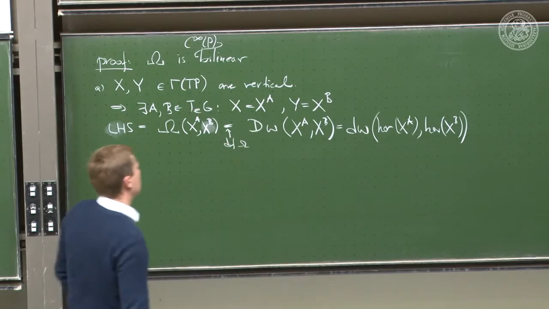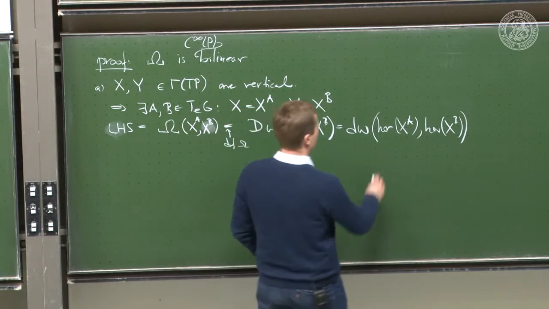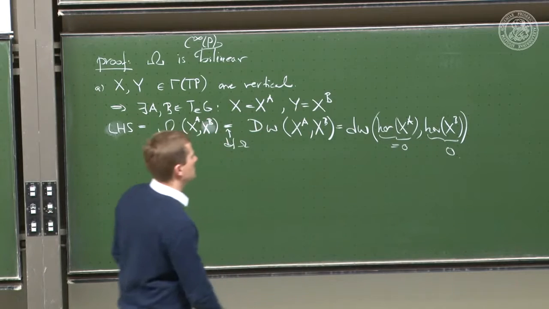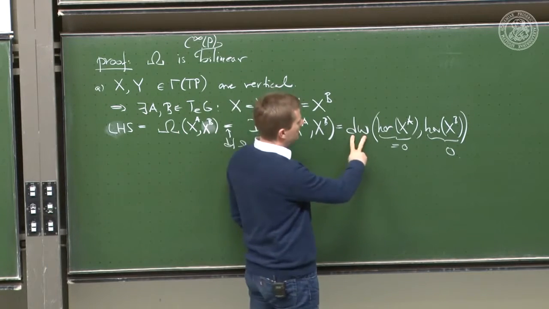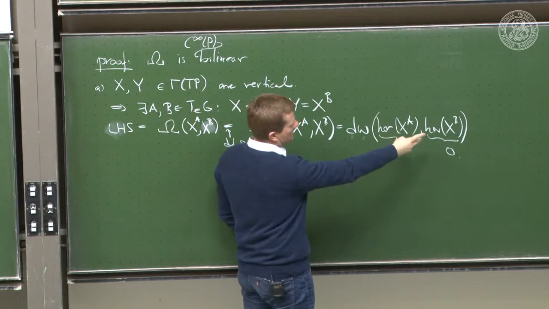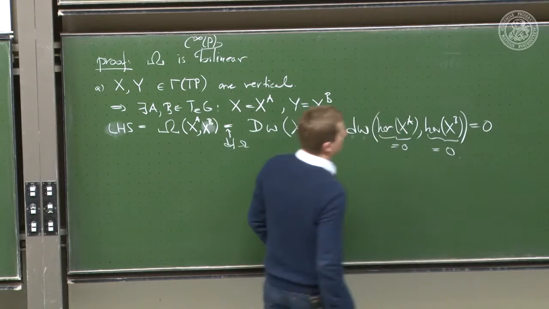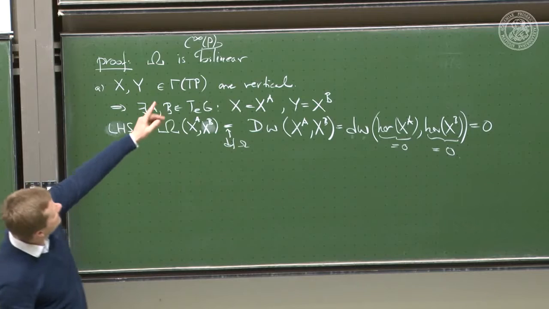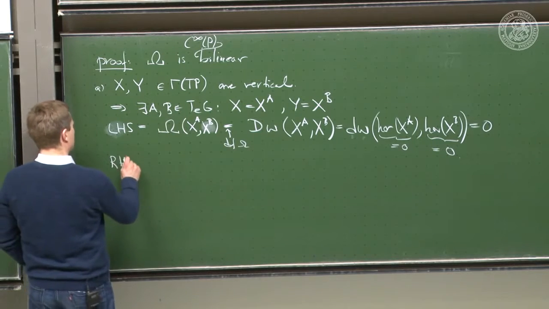Well, now they are vertical, so the horizontal part of them is 0. But this is a Lie algebra valued 2-form, so it's bilinear. If one of the entries is 0, and here there are even 2, then the whole thing is 0. So in this case of both vector fields being vertical, the left-hand side vanishes. So we better find that the right-hand side vanishes as well.